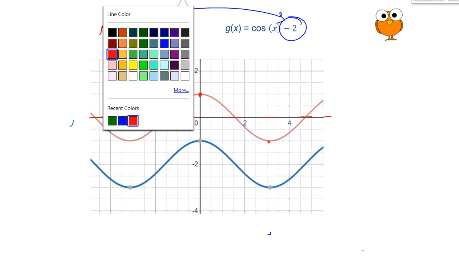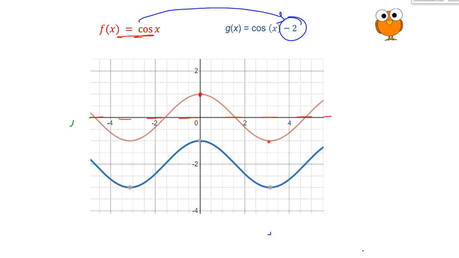But this blue one, his maximum's there, minimum's there, exactly halfway in between is right there. You can compare them, and you can see that they're the same pattern, so they're going to have the same period. Their distance from the midline is both 2, well, 1, sorry, I didn't look at the correct markings, right? That's 1. But the thing that's different is now that midline has moved.